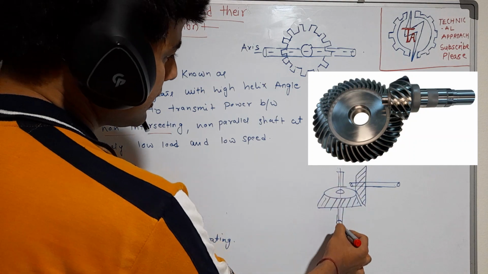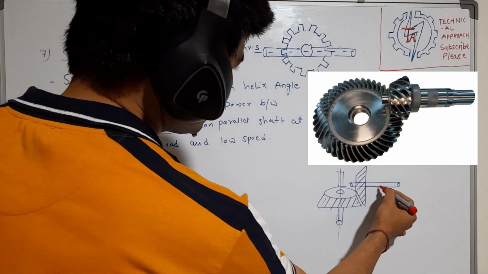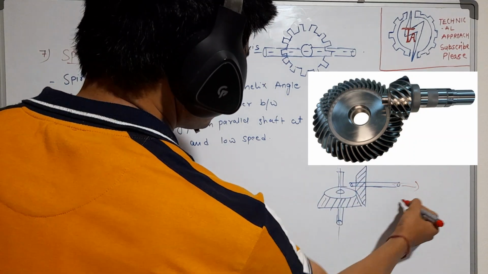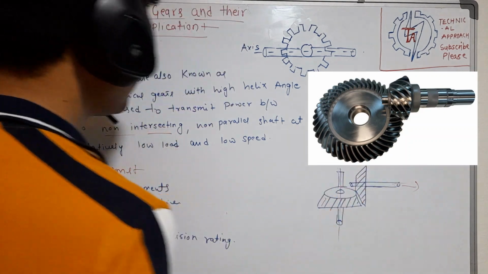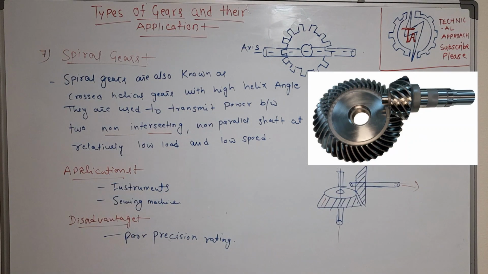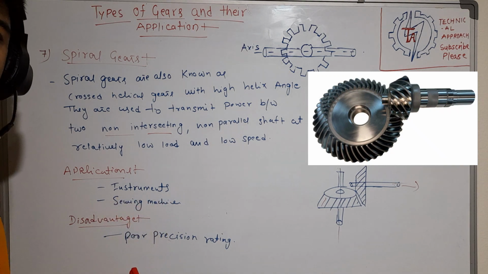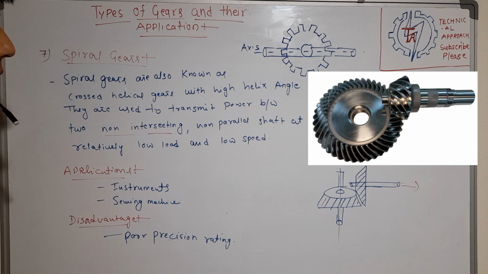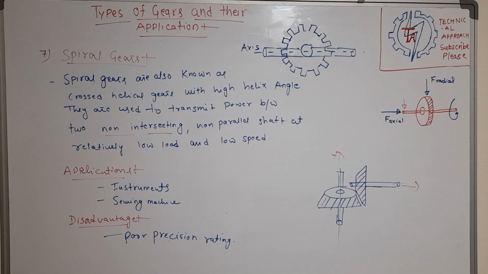This one shaft is like that, another axis is like this. So non-parallel shafts rotating at low load and low speed. Application: these are mostly used in instruments and sieving machines. Disadvantage of spiral gears: poor precision rating.